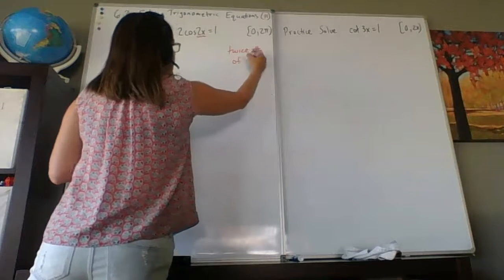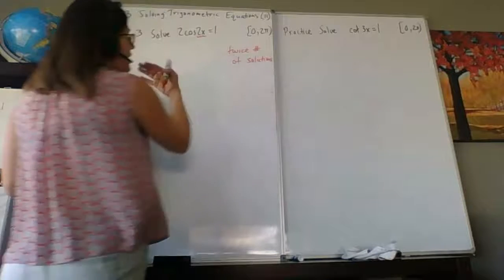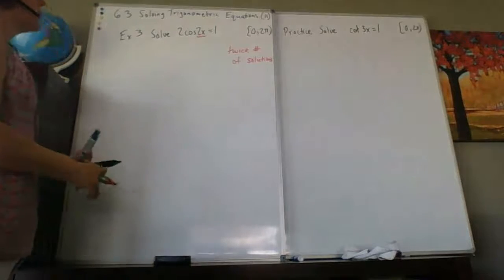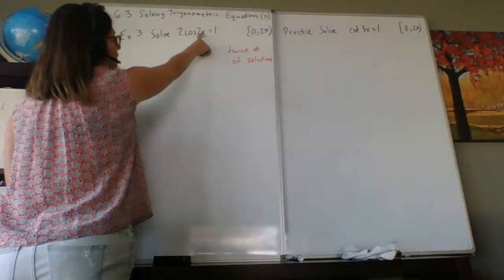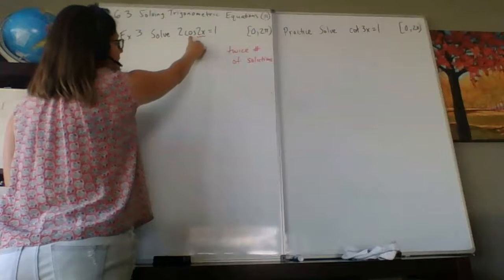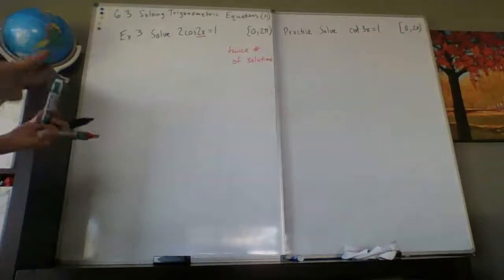If it would have been a 3x inside our trig function, then we would get triple the number of solutions. So anytime we have a number multiplying by x inside our trig function, we multiply that number by the number of solutions we would normally get.